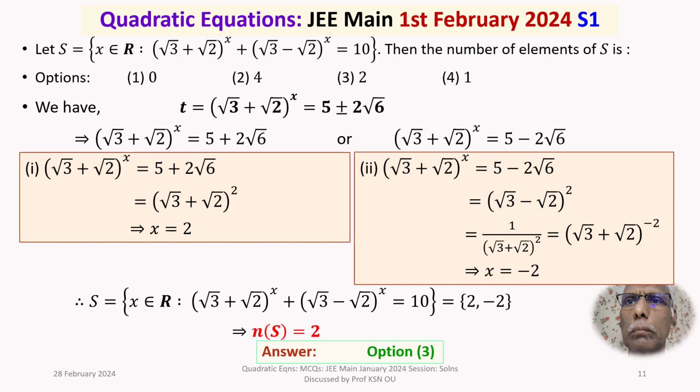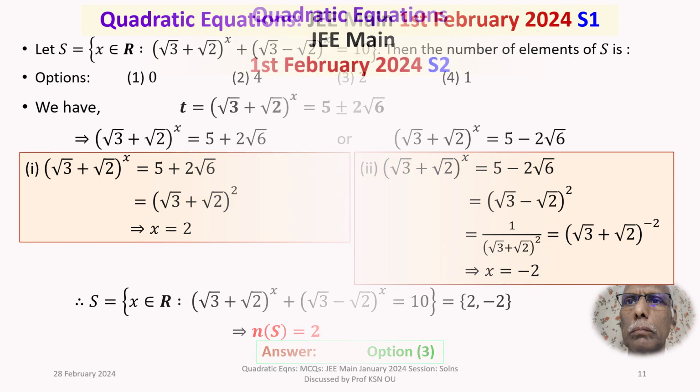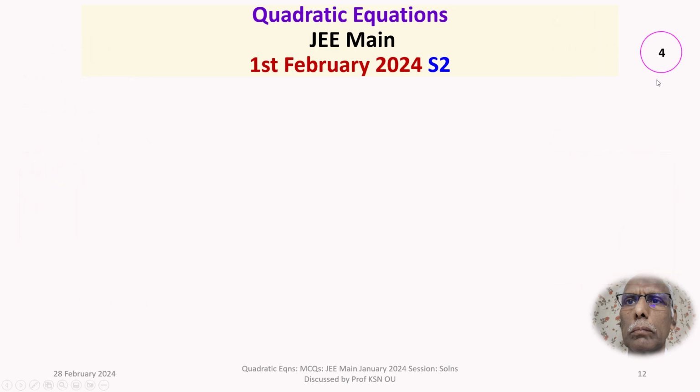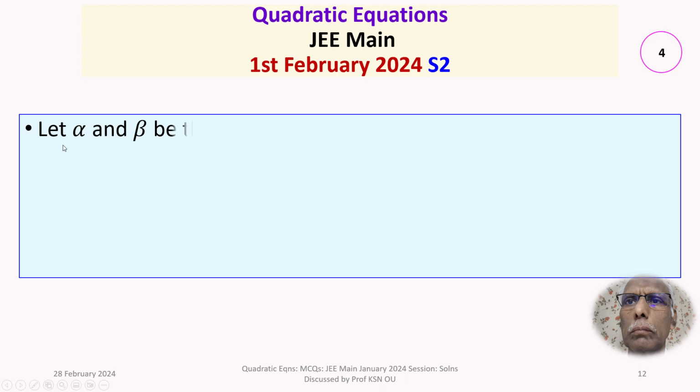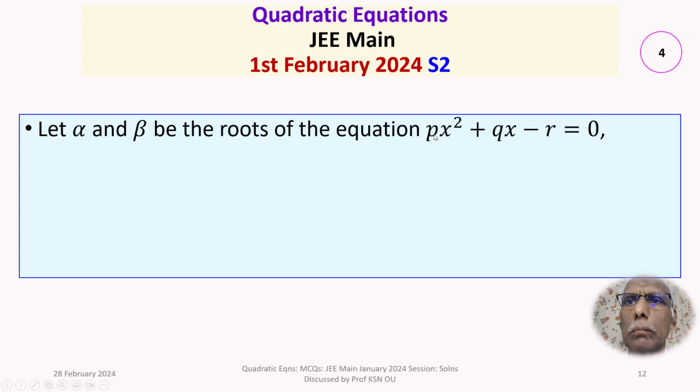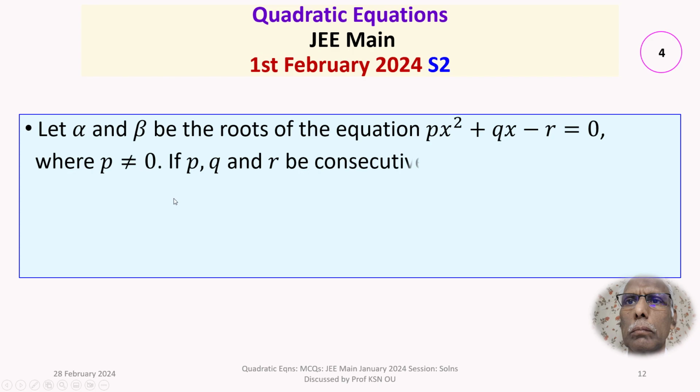And let's now move to the next question. That is the last question in this session now. The fourth question. This question appeared on 1st February 2024 in the second shift. The question is: let alpha and beta be the roots of px square plus qx minus r equal to 0, where p not equal to 0.